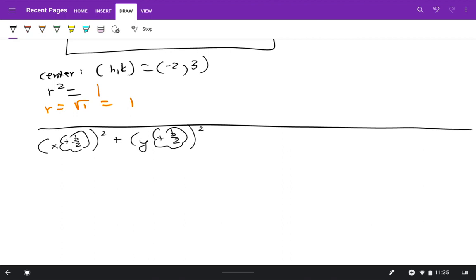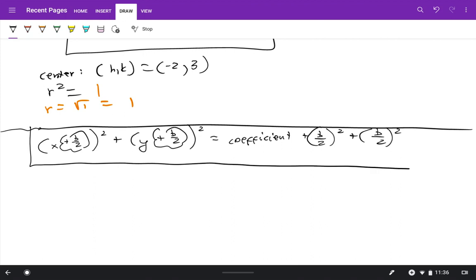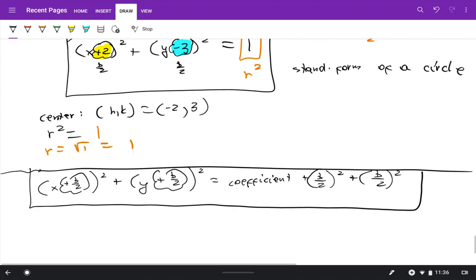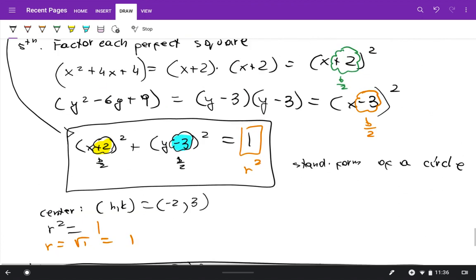Again, that's a shortcut, but I recommend you follow all the steps. If you really need to use it, this is how that shortcut works.